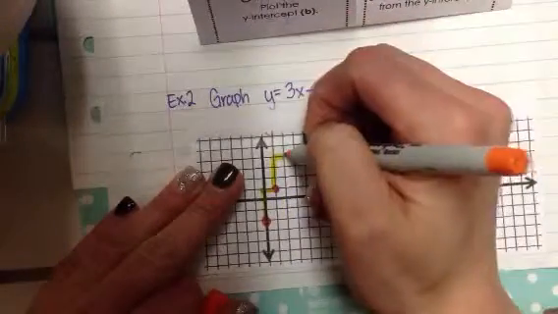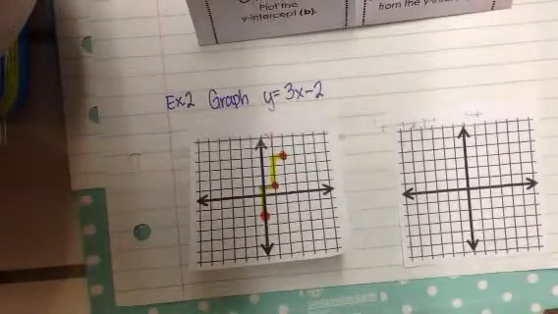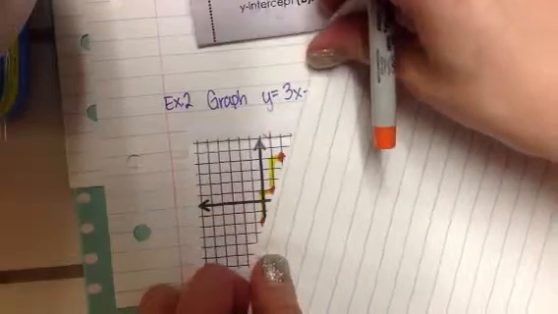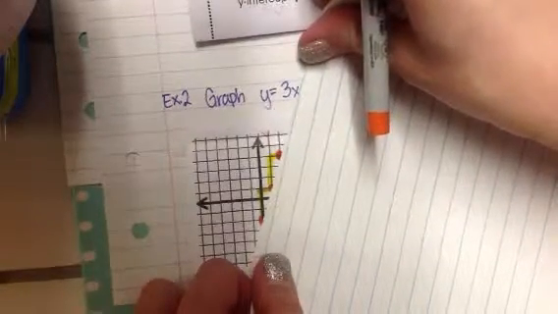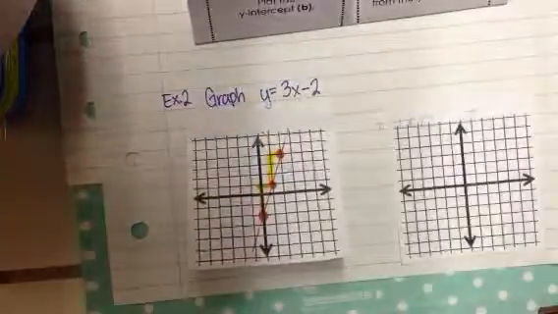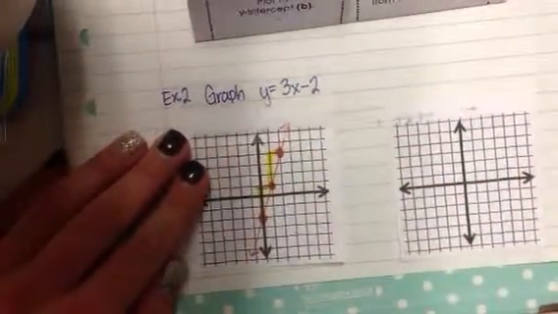And there's another point. So now I can connect the dots. And I have successfully graphed the line.